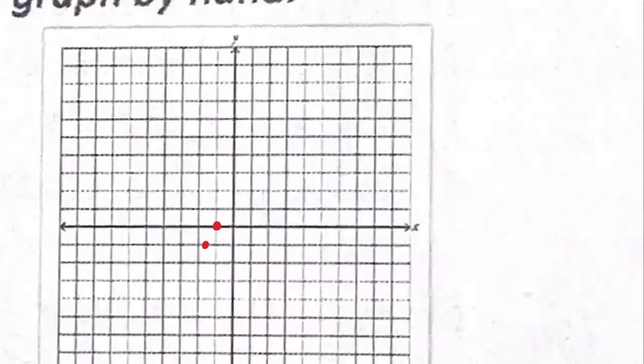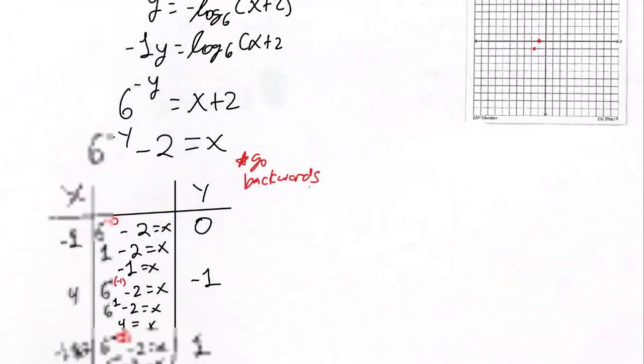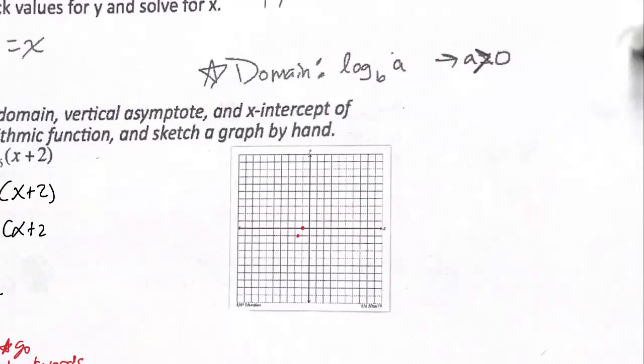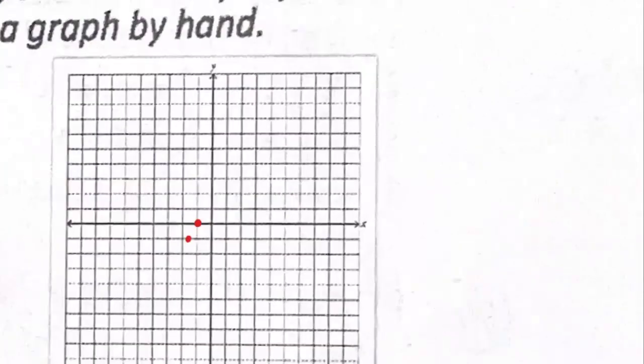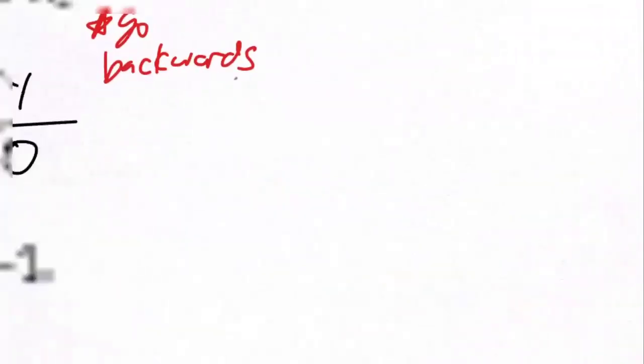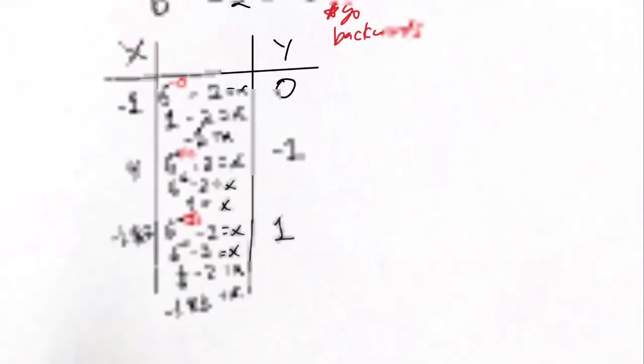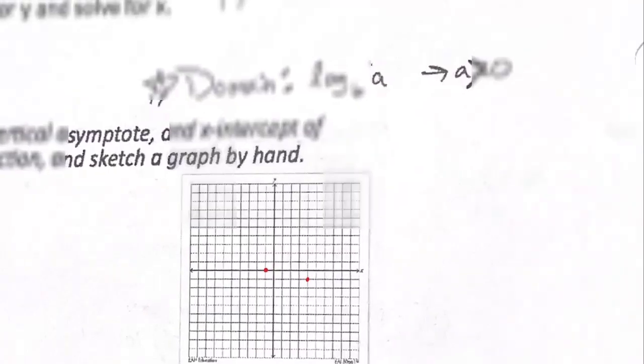And then I feel like I'm graphing this wrong. (-1, 0), (4, -1). So that would be right here. This is incorrect. (-1.83, 1).